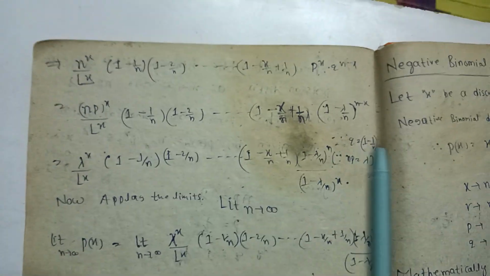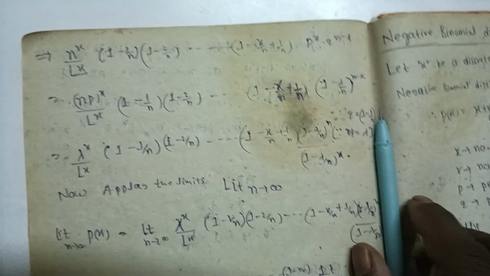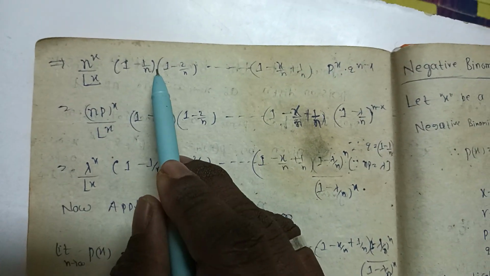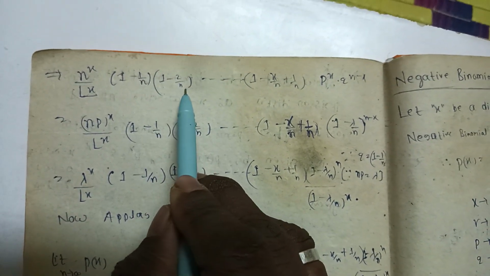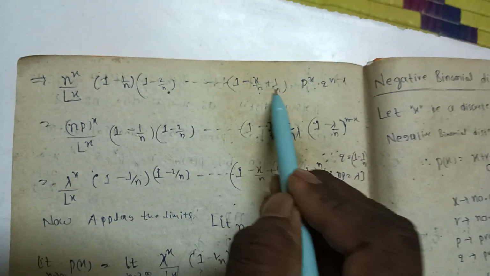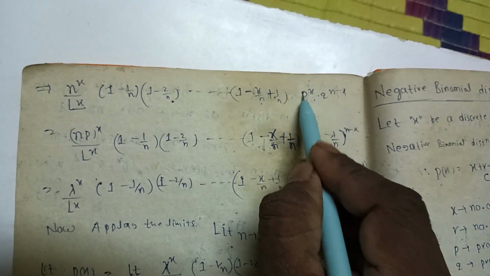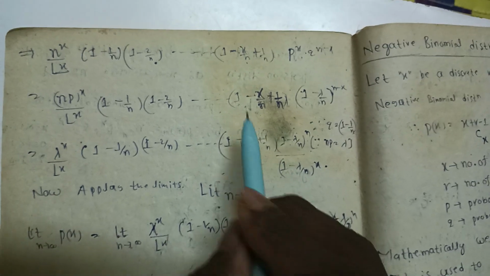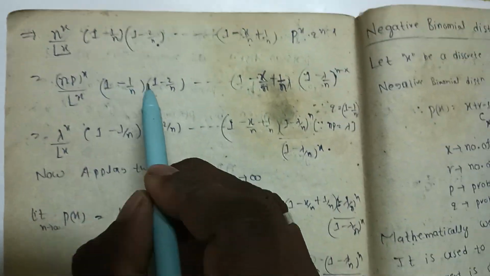So we are writing n to the power of x, and 1 minus 1 divided by n, 1 minus 2 divided by n, and so on, 1 minus x divided by n plus 1 divided by n. And p to the power of x and q to the power of n minus x remain the same, and x factorial also will be the same.